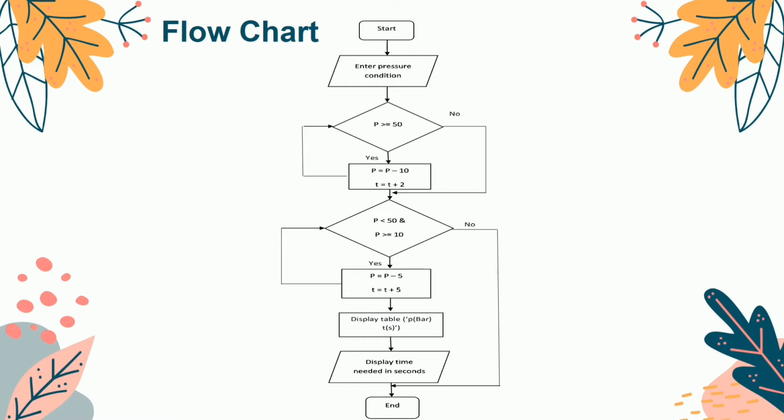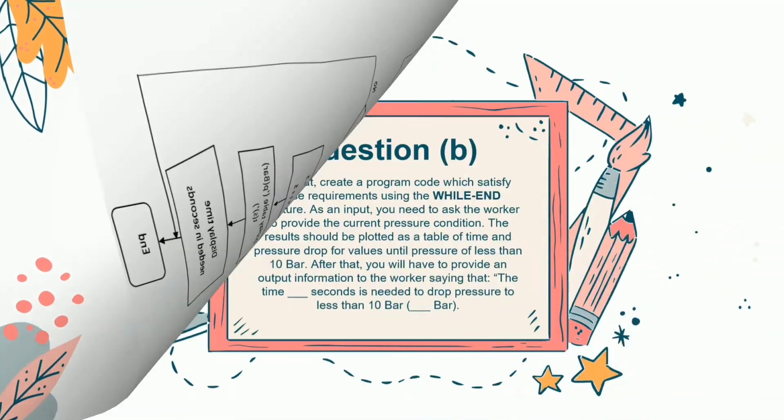We proceed with the second pressure drop condition for the decision: P is less than 50 and more than or equal to 10 bar. The process is P equals P minus 5 and T equals T plus 5. Display the table of P bar and T second for the process, and the output is to display the time needed in seconds. We stop the flowchart with end.